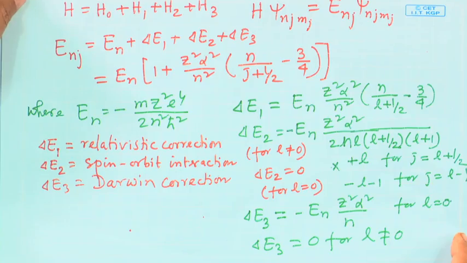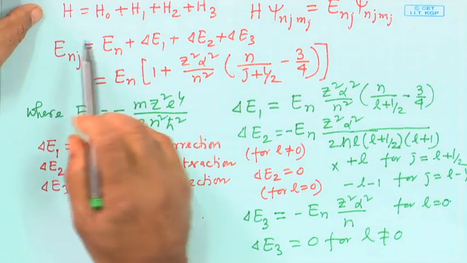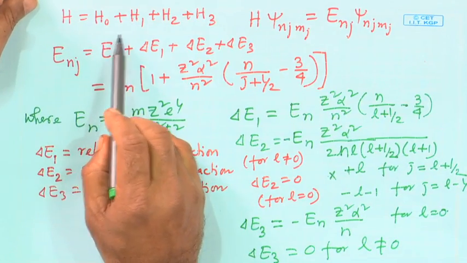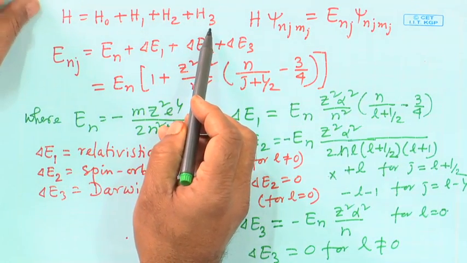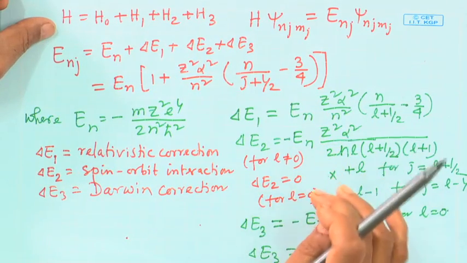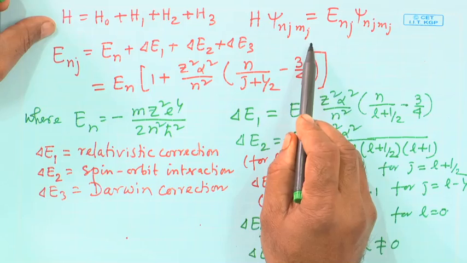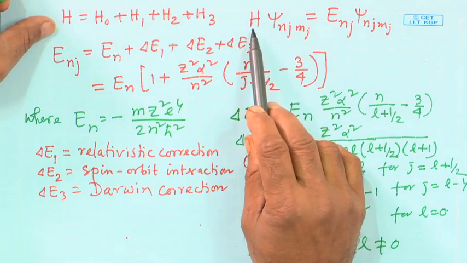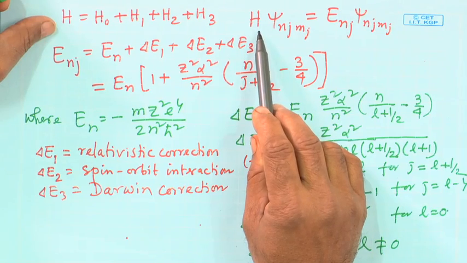energy term for the Dirac equation. Ultimately our Dirac Hamiltonian is H equal to H0 plus H1 plus H2 plus H3. This is the approximation up to the term v square by c square that we have considered, and psi n j m j is the ultimate wave function for this Dirac Hamiltonian.